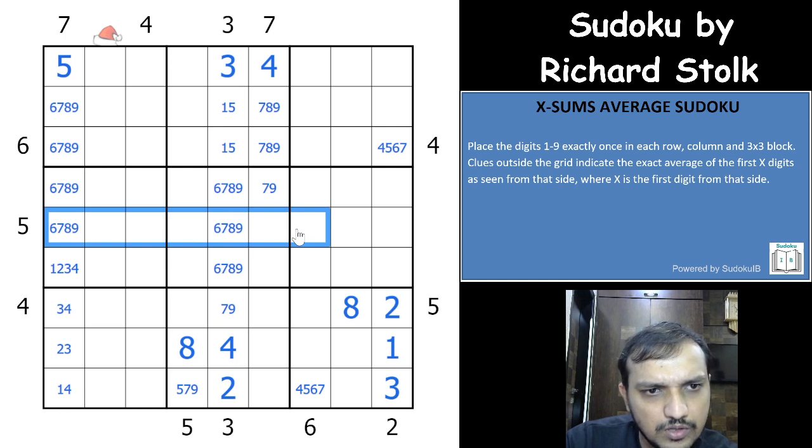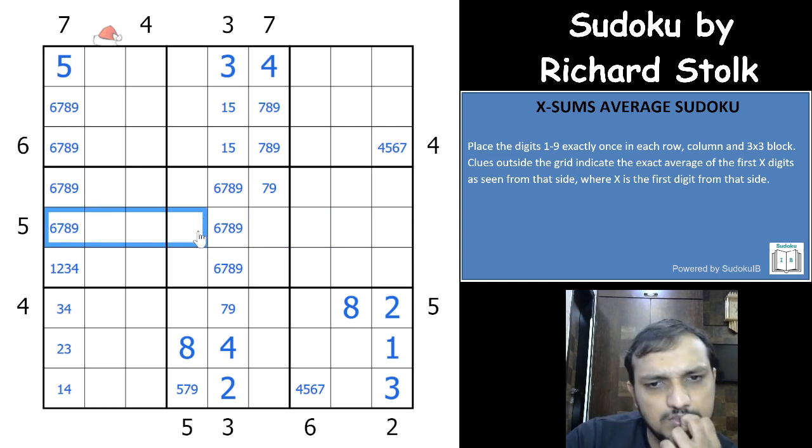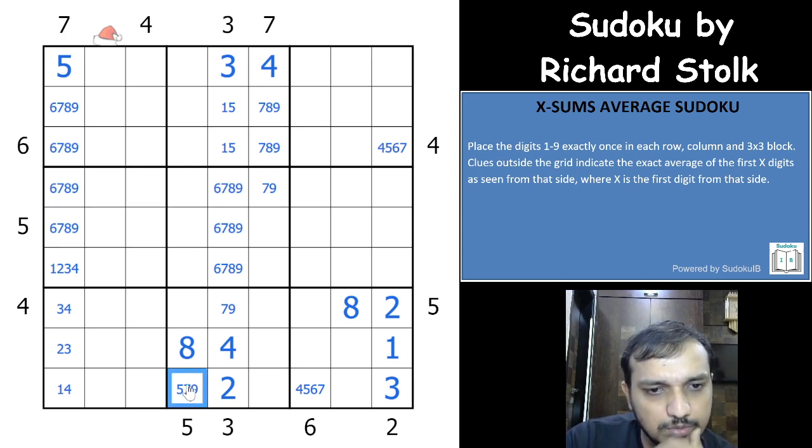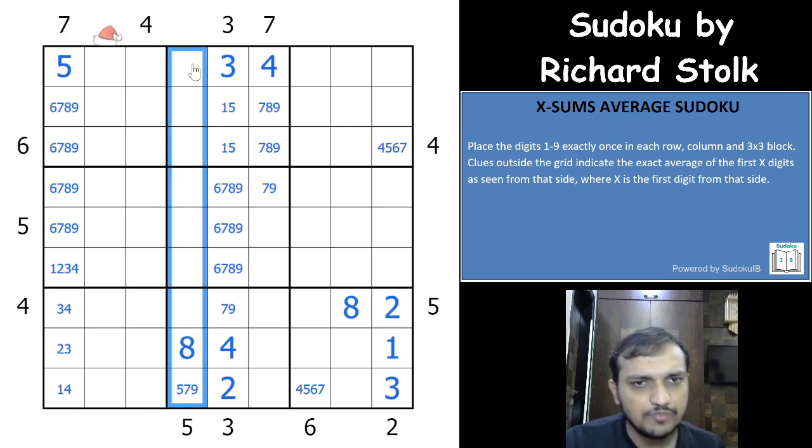Seven is 35, 8 is 40, 9 is 45. Already you can have an average. Come on, we are missing something. If it is a 9, it is totally acceptable because possibly the average of first 9 digits is already 45.